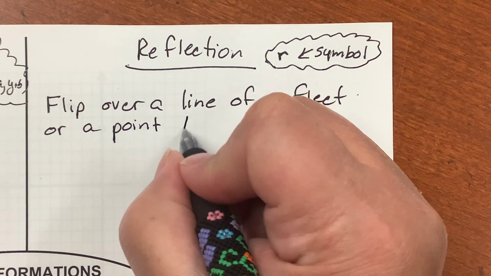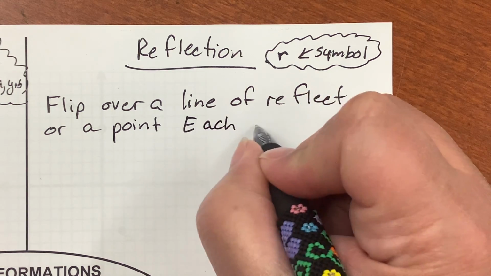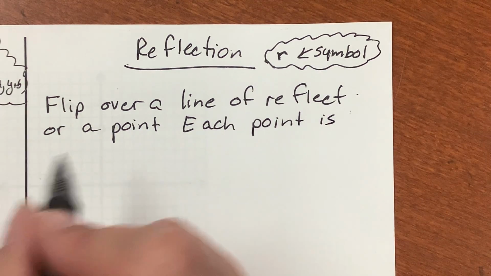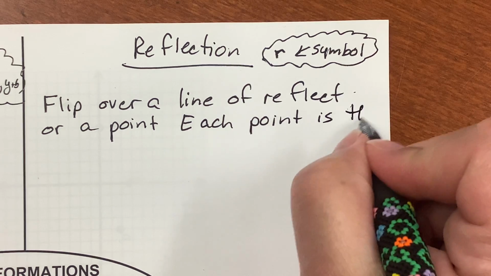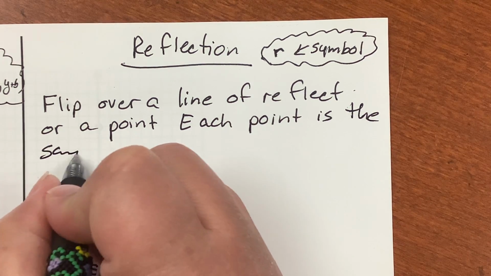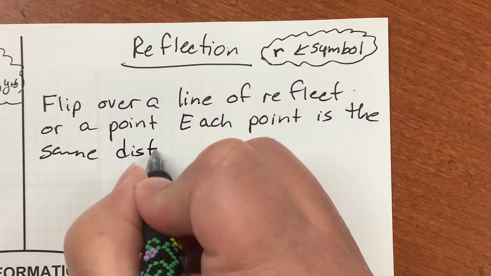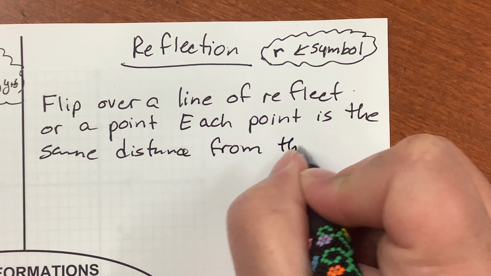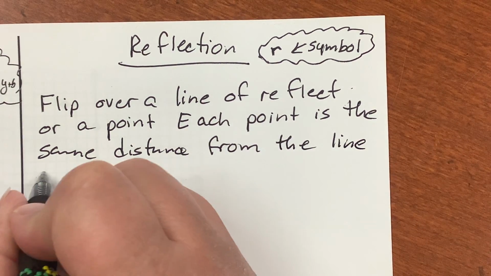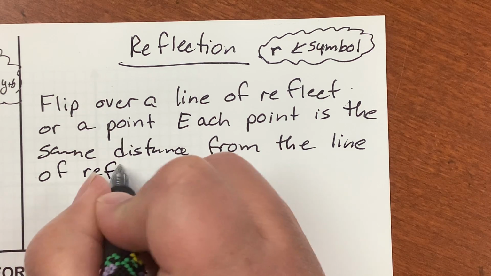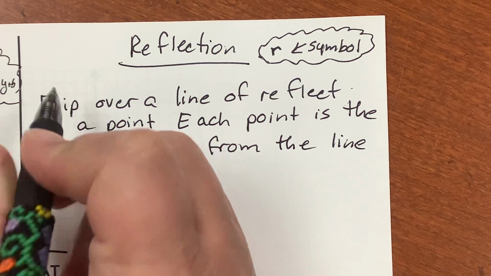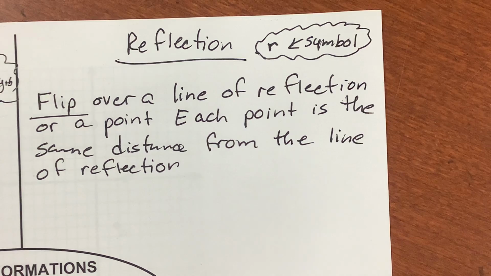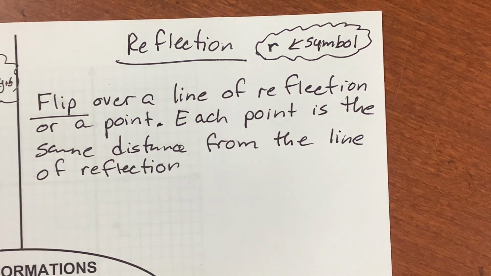Now, the key thing here is each point is the same distance from the line of reflection. So we're going to flip over a line of reflection, or a point, and each point is the same distance from the line.